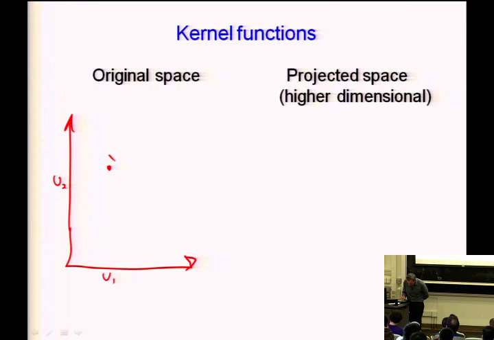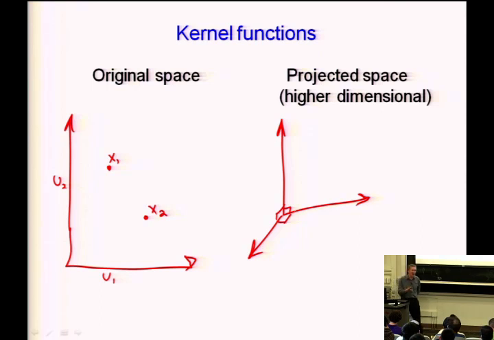Let me call them x1 and x2. But now I have some other higher dimensional space that I would like to be working in, that looks kind of like this. This is a non-artist conception of a three-dimensional space.